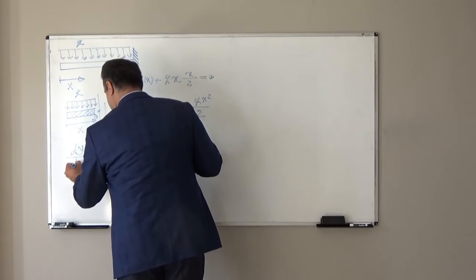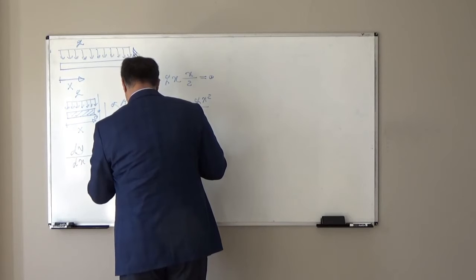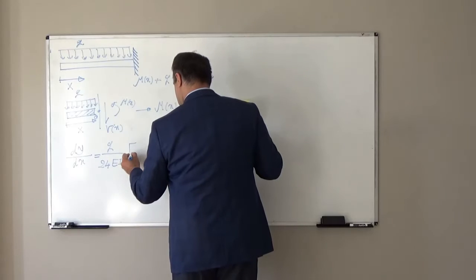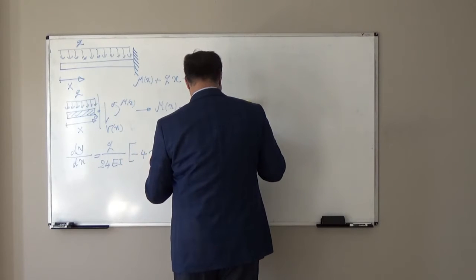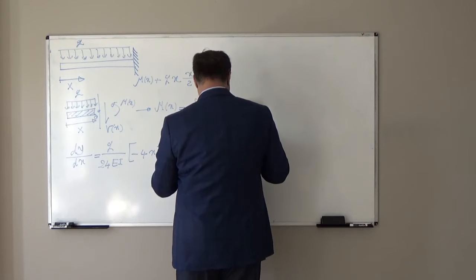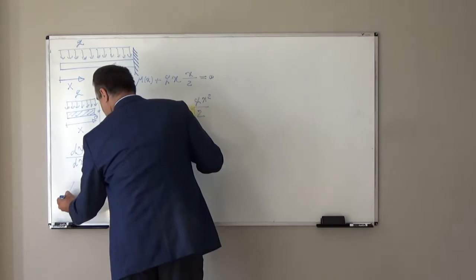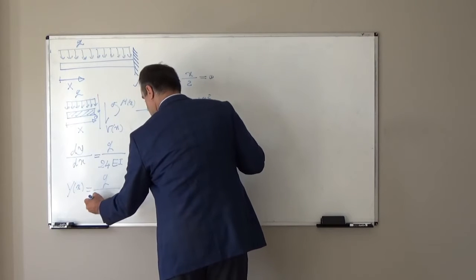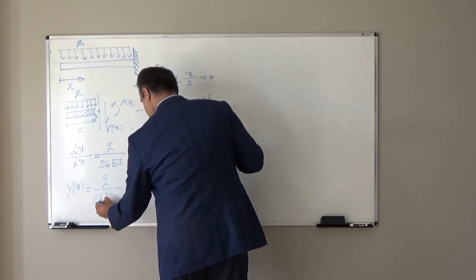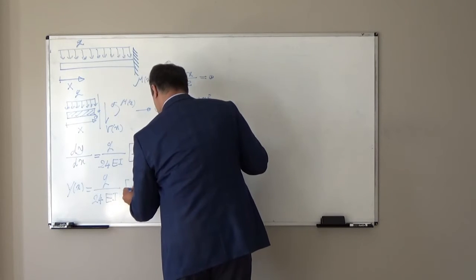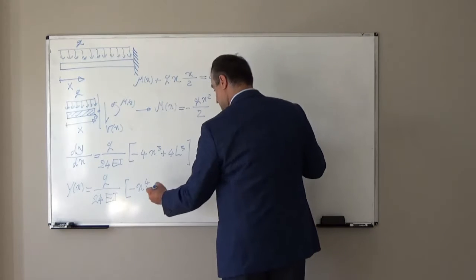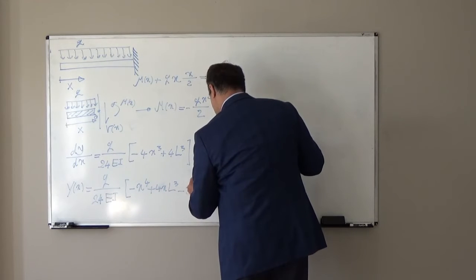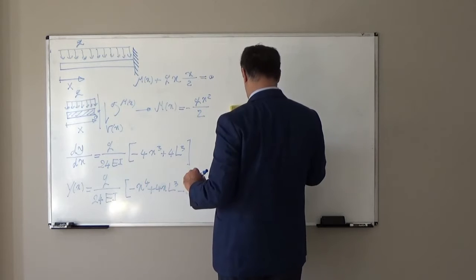dy over dx will be equal to Q over 24EI times minus 4x cubed plus 4L cubed, and y of x will be equal to Q over 24EI times minus x to the power of 4 plus 4xL cubed minus 3L to the power of 4.